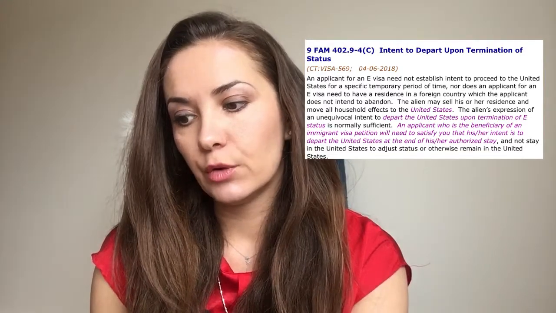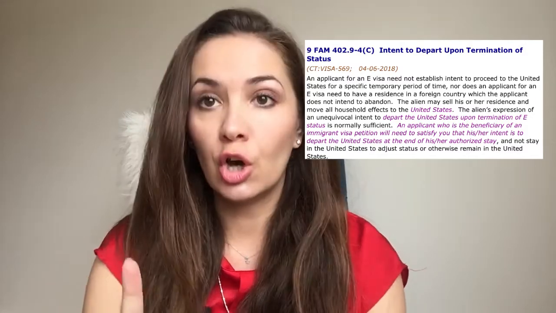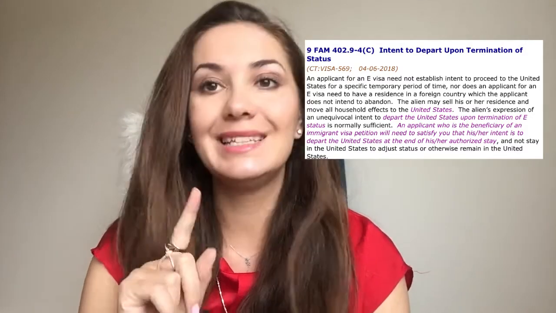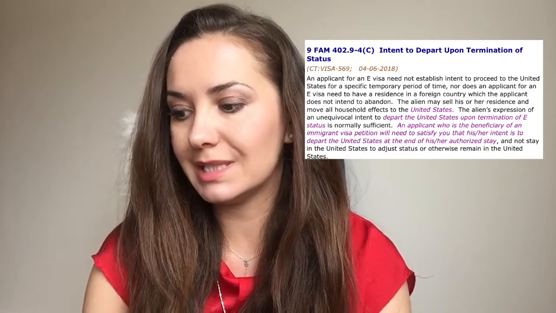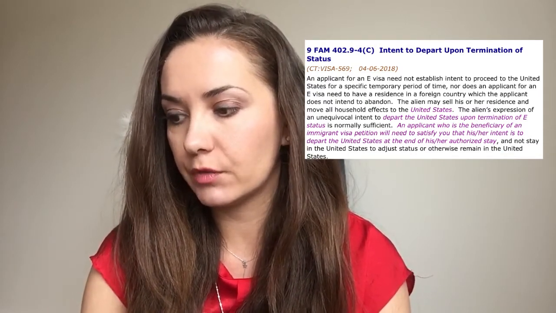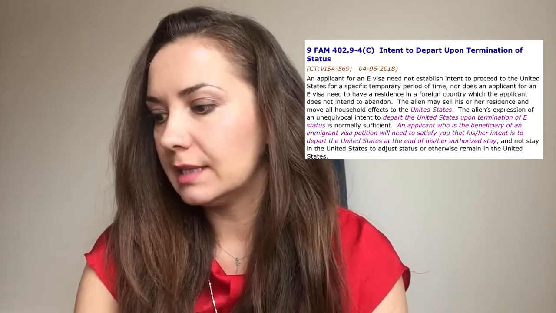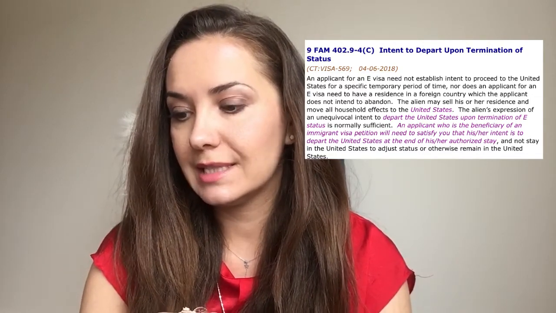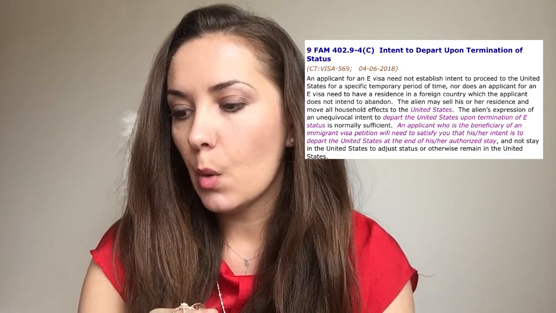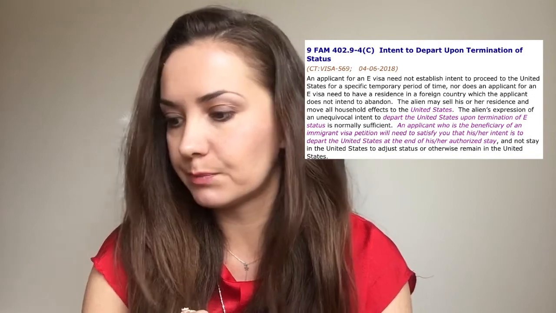An applicant for E2 visa need not establish intent to proceed to the United States for a specific temporary period of time, nor does an applicant for E2 visa need to have a residence in a foreign country which the applicant does not intend to abandon.